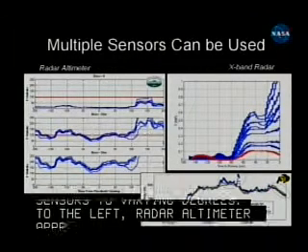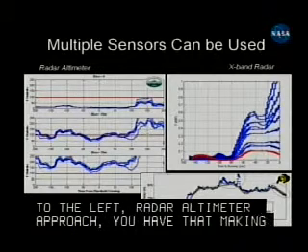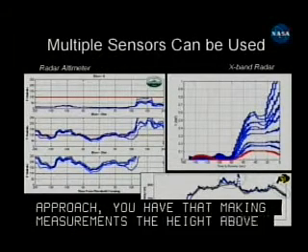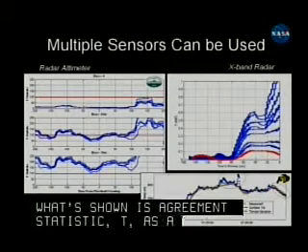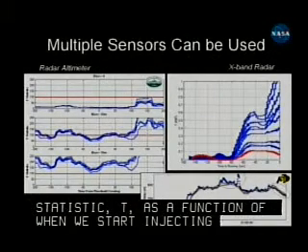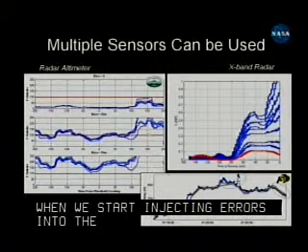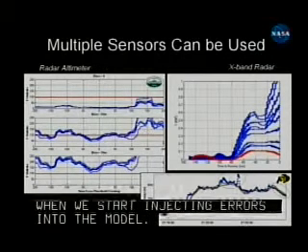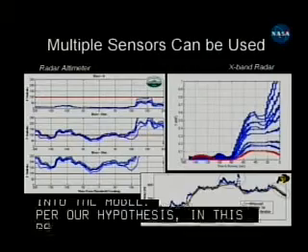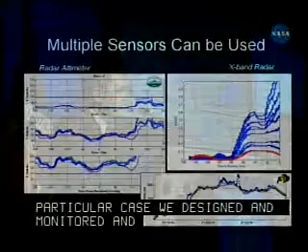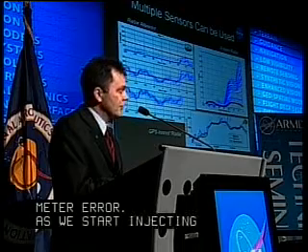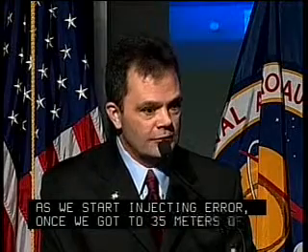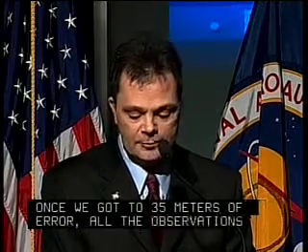What's shown in these plots is our agreement statistic, T, as a function of when we start injecting errors into the models. Per our hypothesis, in this particular case, we designed the monitor to detect a 35-meter error. As we start injecting errors, indeed, once we got to 35 meters of error, all the observations showed us exceeding the threshold, and so we were getting alerts. So we did achieve our desired integrity.